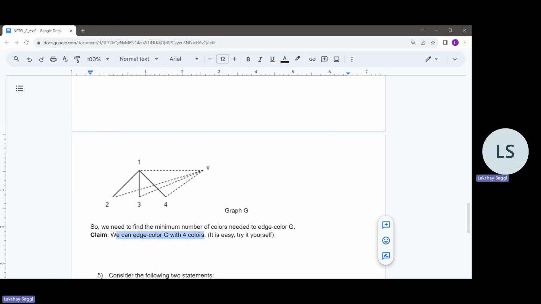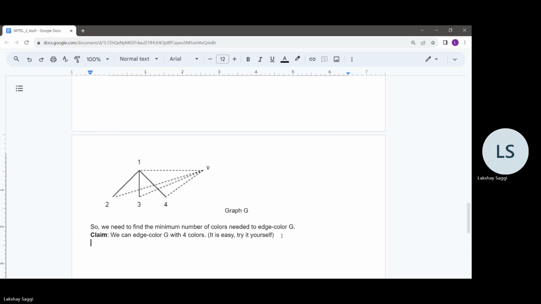But note that we need to find the minimum number of colors needed. Just showing that we can color with 4 colors does not prove that this is also the minimum possible, right? The minimum possible can be 3, can be 2, can be 1 also. So it can be anything. We also need to show that any edge coloring will require at least 4 colors.